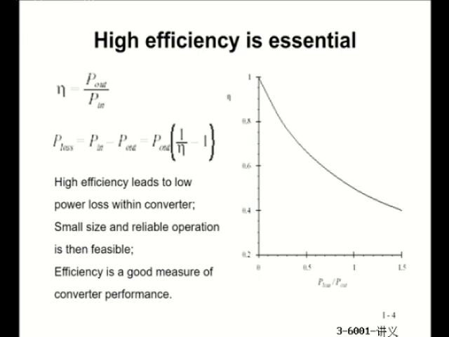And that is related to another terminology which is called efficiency. Efficiency is defined as the output power divided by input power. And we always want a power converter to achieve 100% efficiency.